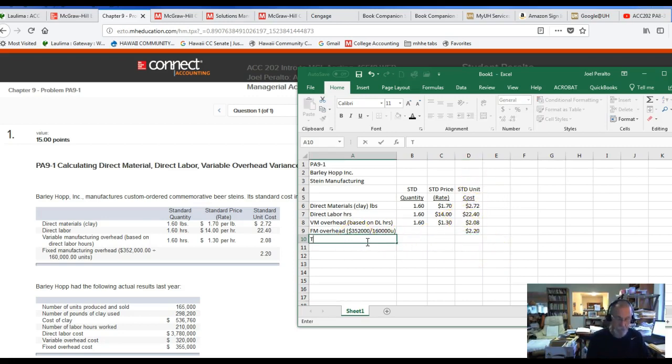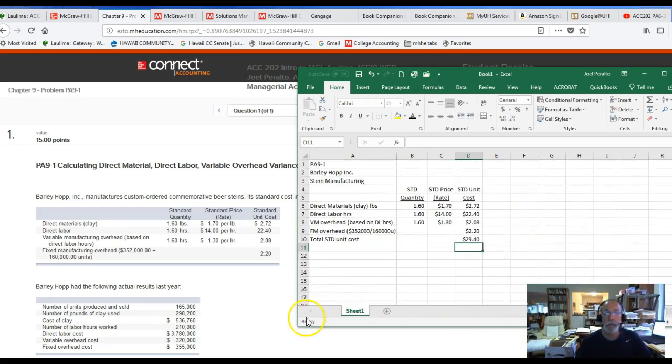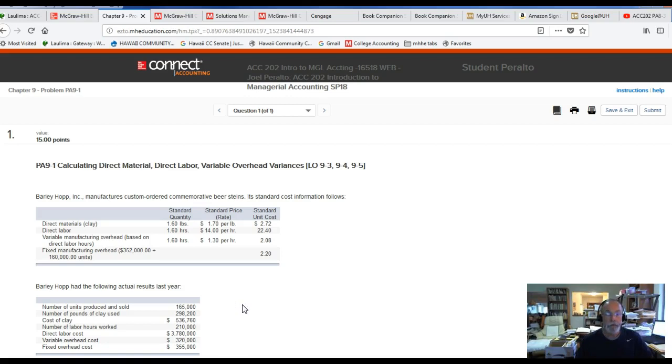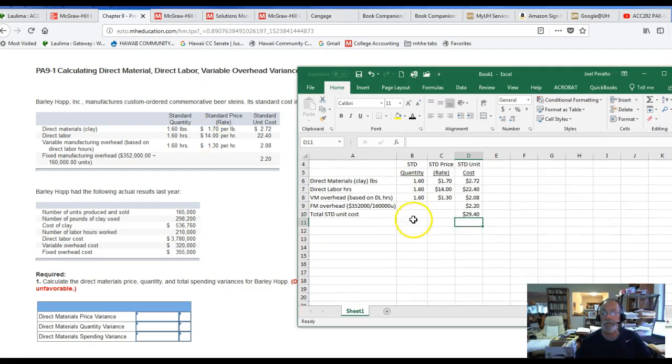So our standard unit cost for steins would be the total of that column there, $29.40. Okay. And then actual results.